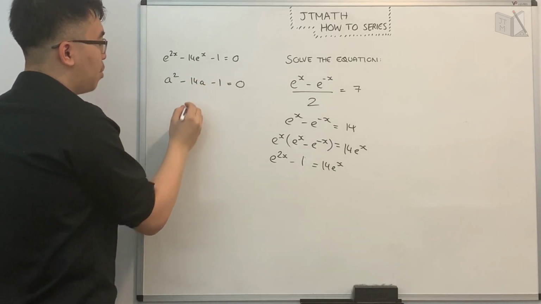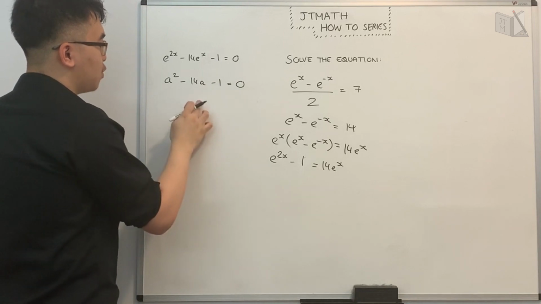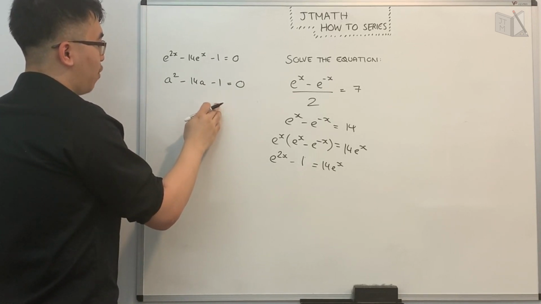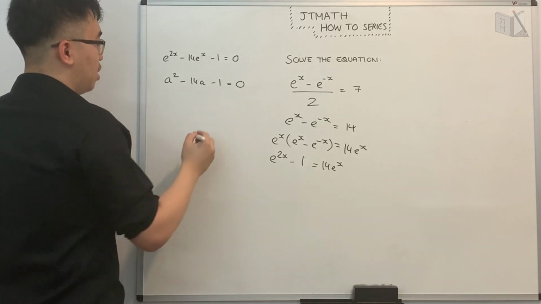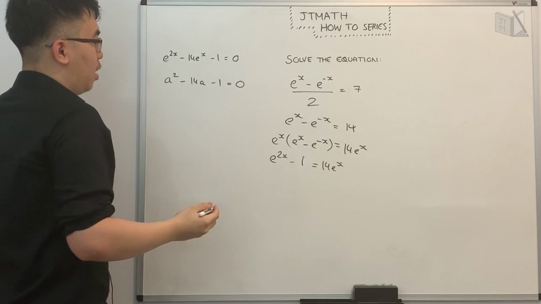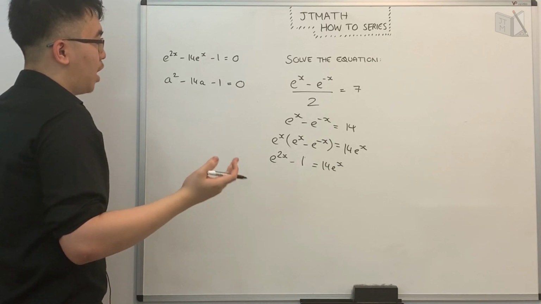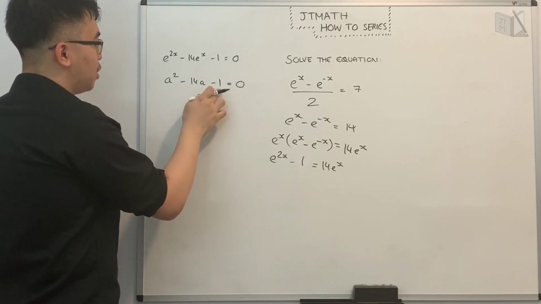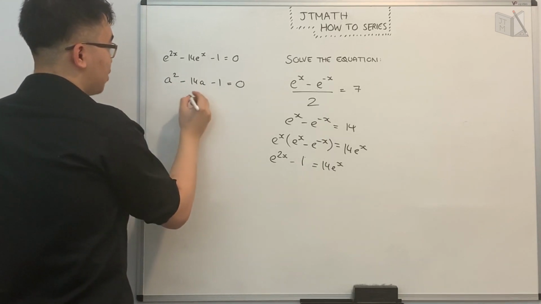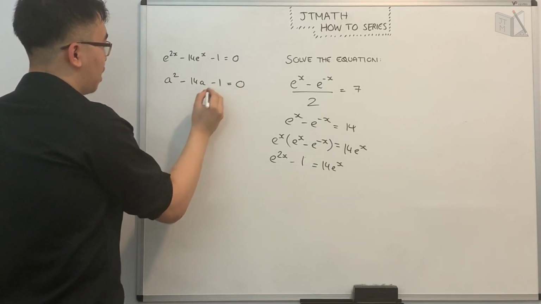We're going to half the number and then we're going to square it. So minus 14, half of that is minus 7, and then the square of that is plus 49. So I want to make this constant minus 1 here a plus 49, because once I do that, I can then factor out this quadratic. So we'll have to add a number to this constant to make it plus 49.